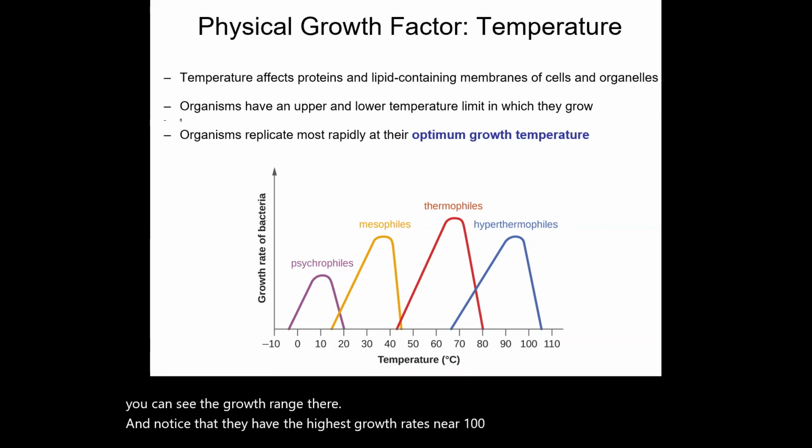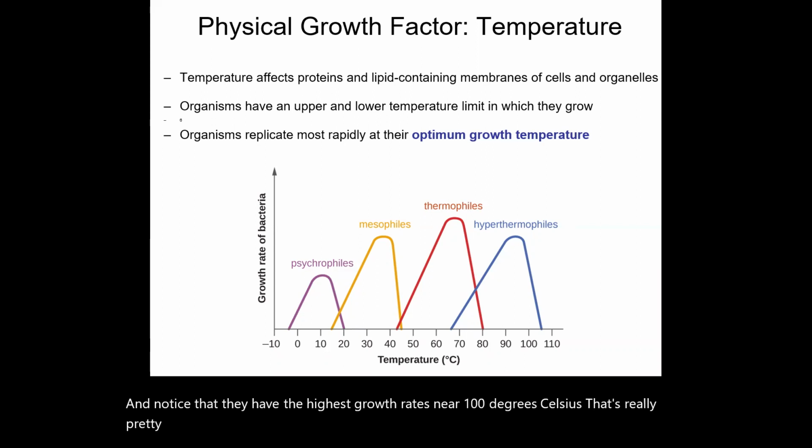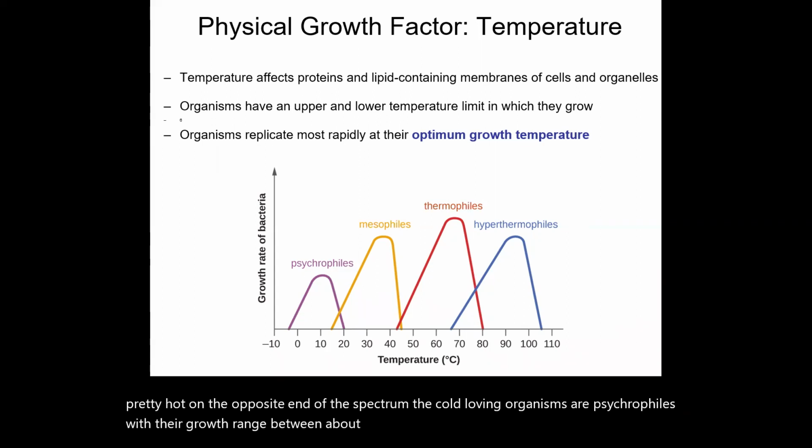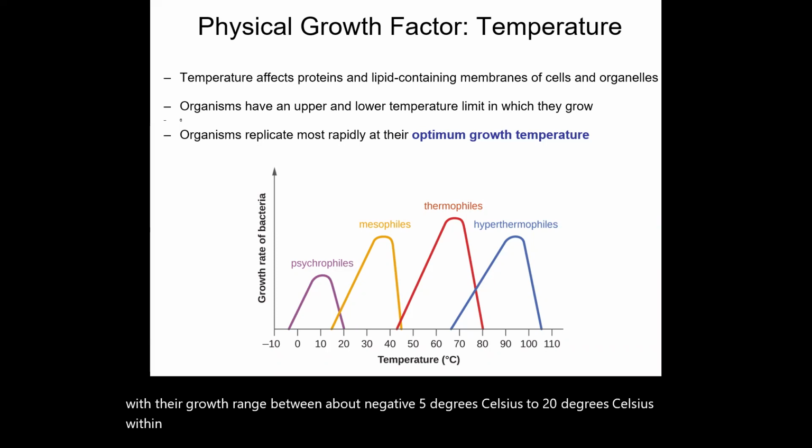That's really pretty hot. On the opposite end of the spectrum, the cold-loving organisms are psychrophiles, with their growth range between about -5 degrees Celsius to 20 degrees Celsius, with an optimum temperature of 10 degrees Celsius. Now, you're going to want to make sure you can keep these straight.